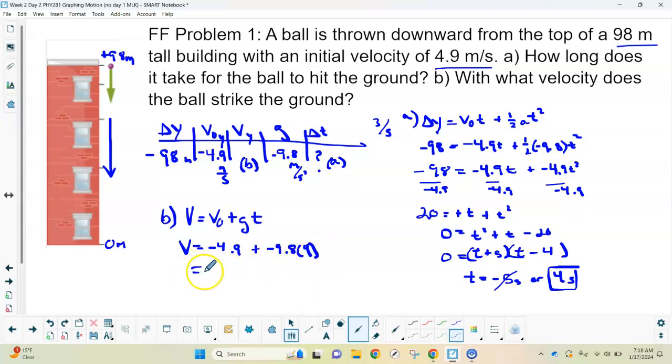When we put that in the calculator, you'll get negative 44.1 meters per second. It is negative, which means it's moving downward, which makes absolute sense because that's the direction it should be traveling when it does that.